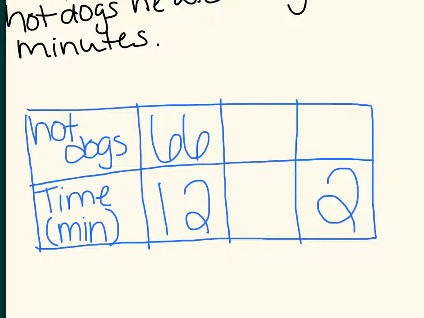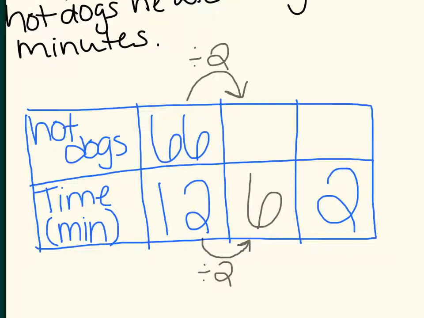Let's divide this right here by 2. Then 12 divided by 2 is 6, and what I do there, I have to do up here. So then I do 66 divided by 2, which would give me 33.